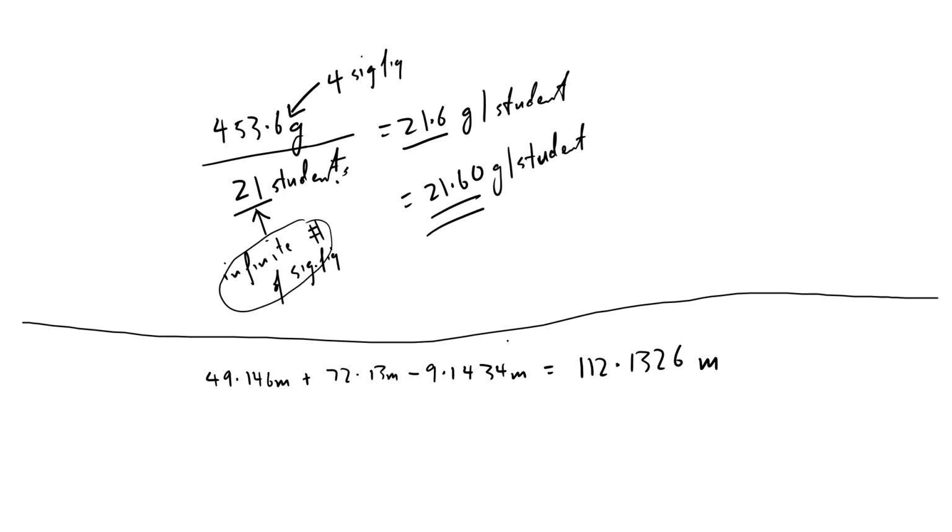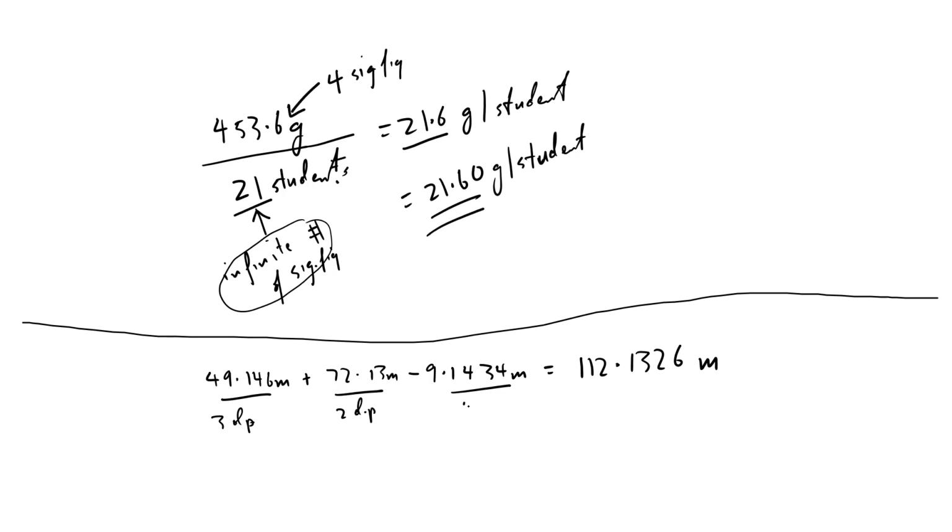And according to the rules, when we're adding and or subtracting numbers, we round off your final answer to the lowest number of decimal places of the data involved, these three numbers here, right? So we have to examine these three numbers and determine which one has the lowest number of decimal places. The first one has 3 decimal places. This number here has 2 decimal places.